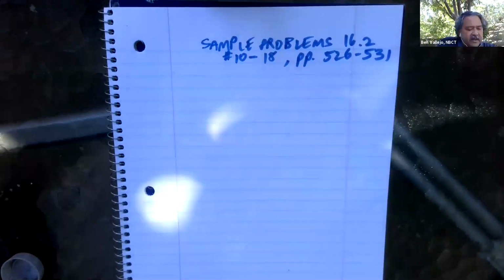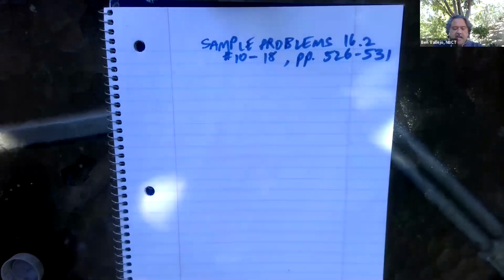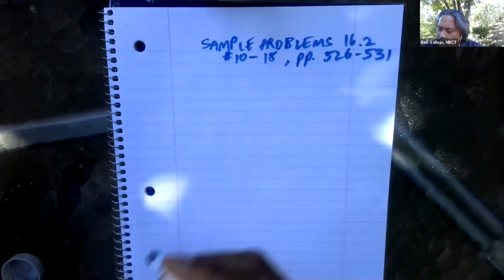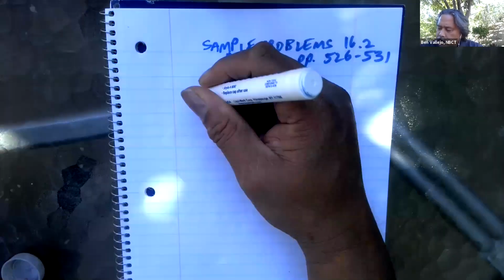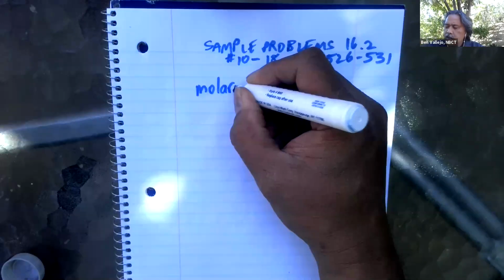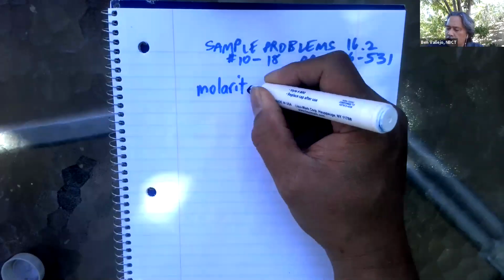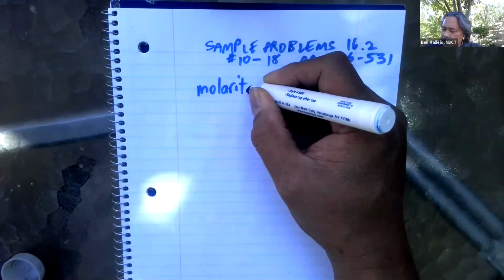But before we get started, one thing in this section has to do with molarity. You need to know that molarity is equal to the number of moles of the solute divided by the volume.